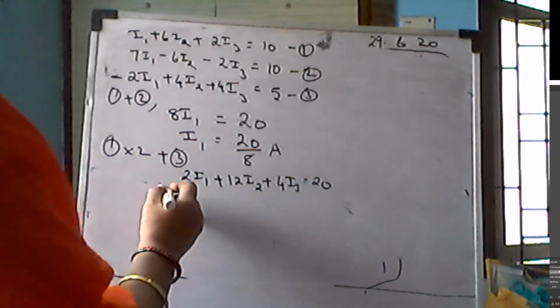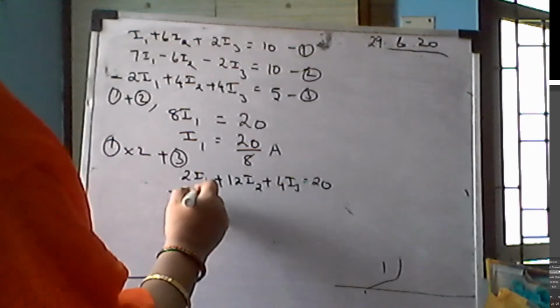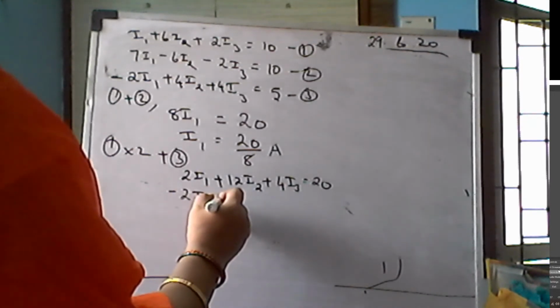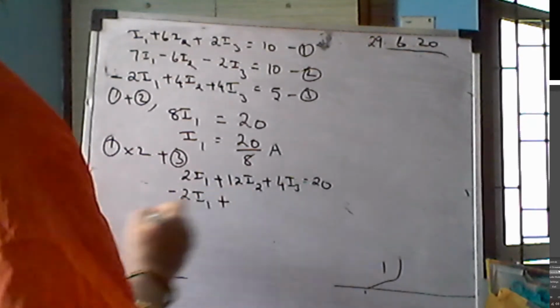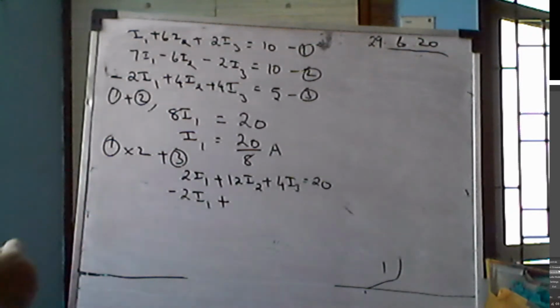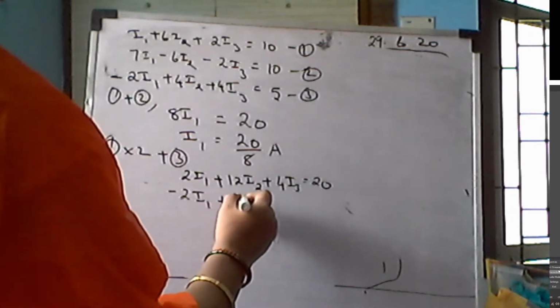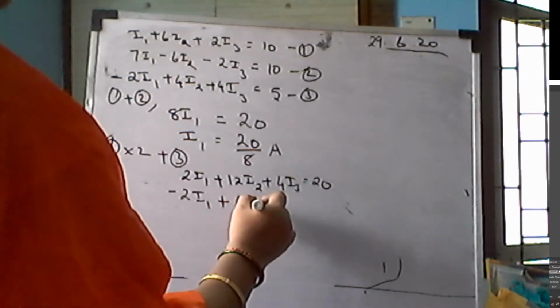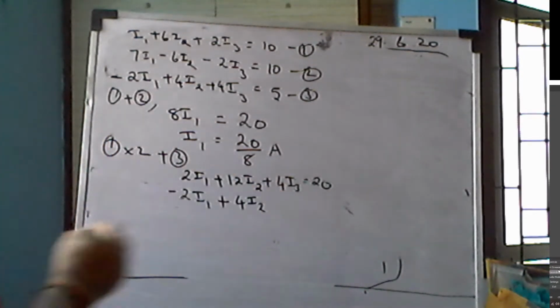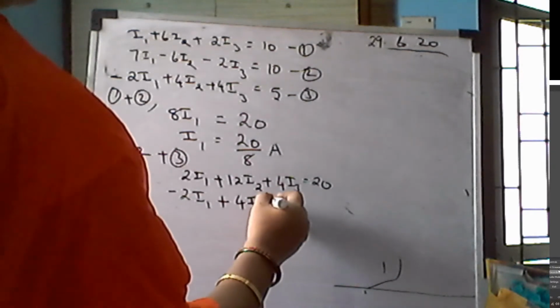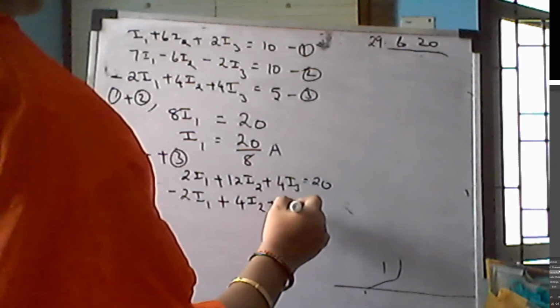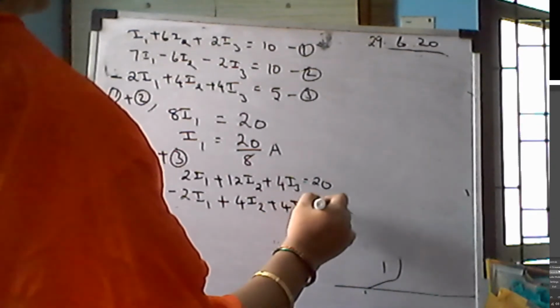And then minus 2I1 plus 4I2 plus 4I3 equal to 5.